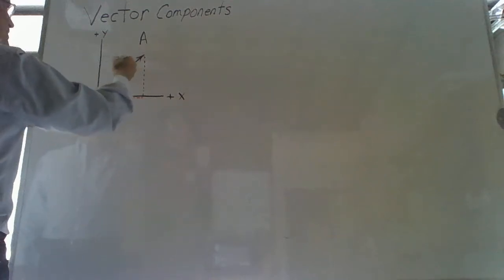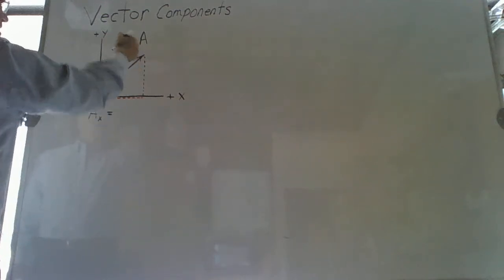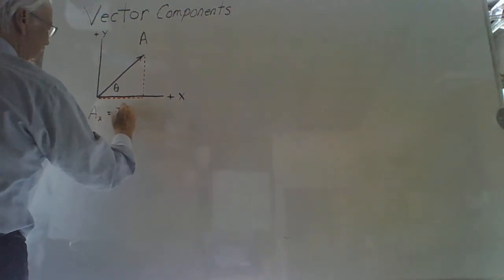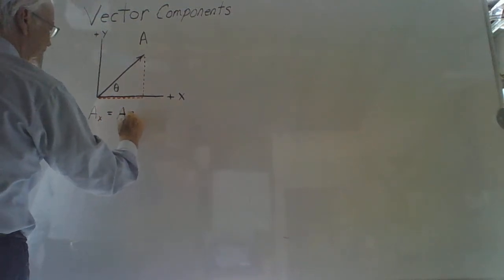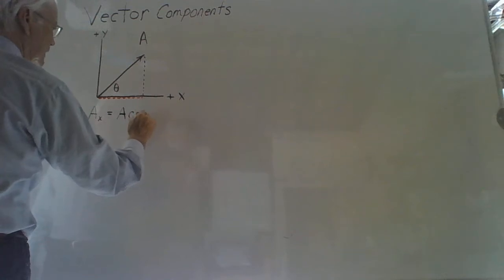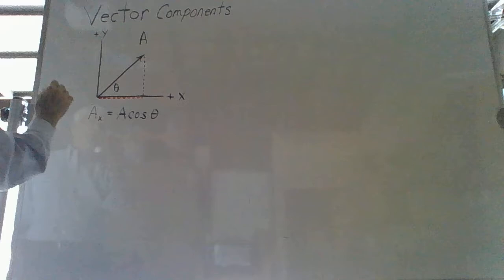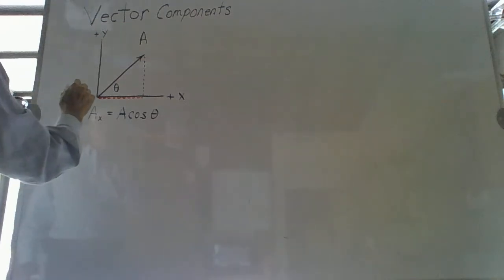But the hypotenuse has a length that's symbolized as A. And so we have A sub x equals A cosine theta.